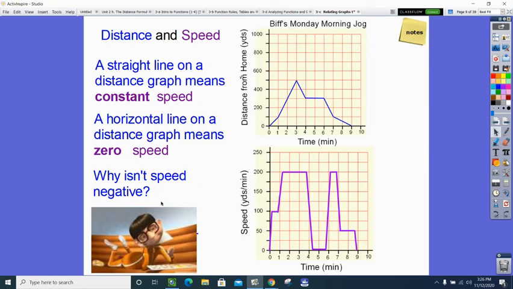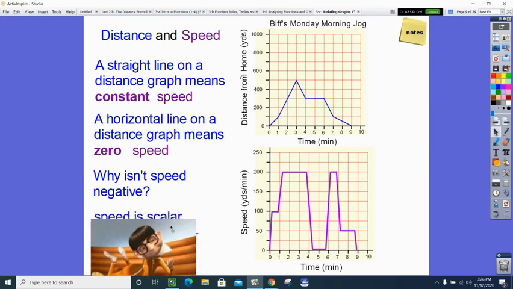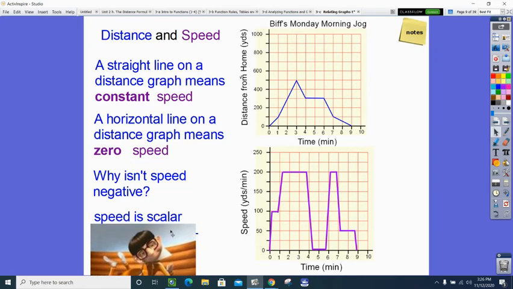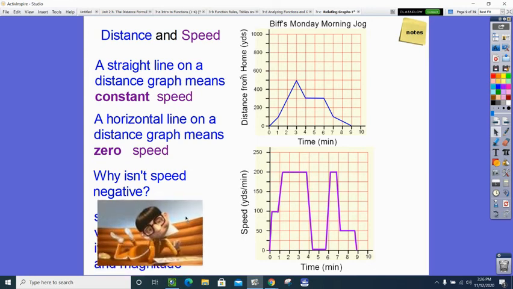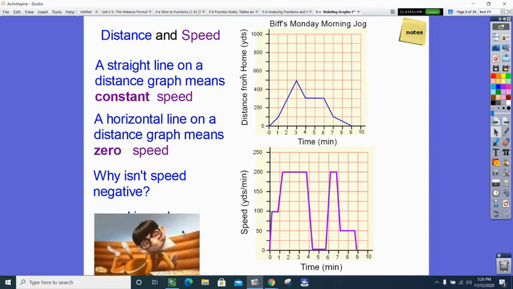So why isn't it negative? Well, first of all, speed is what's called a scalar number. It doesn't have a direction to it. If you change the word to velocity, which you will do in physics in high school, that is called a vector quantity. Oh, by the way, this is the vector dude from Despicable Me.